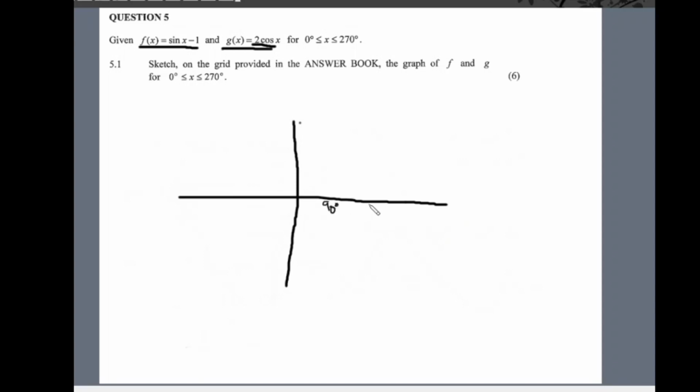Here we'll have 90, here we'll have 180, here we'll have 270, right? And then the graph of sine will be like this. Sine x minus 1 will be like this.